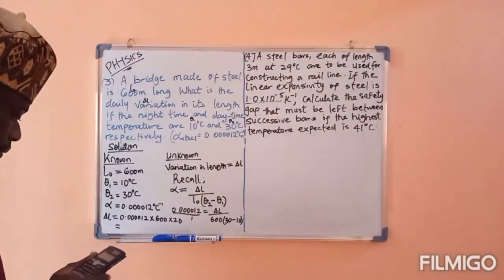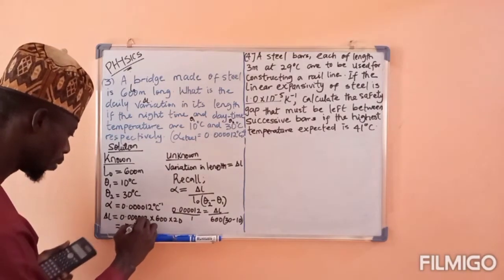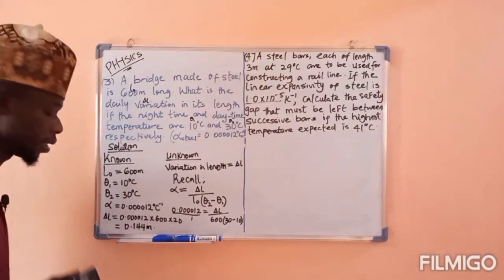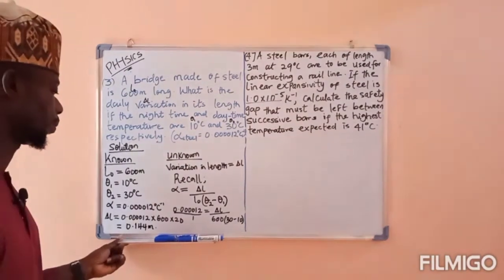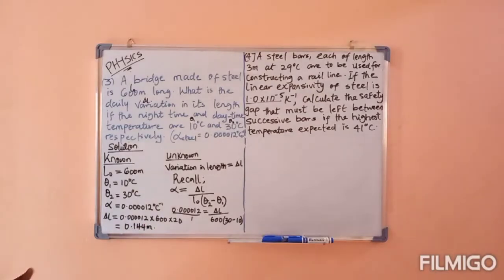So I'll have 0.000012 144 meter as the variation. I hope this is understood. This is what we have. I hope it is clear.